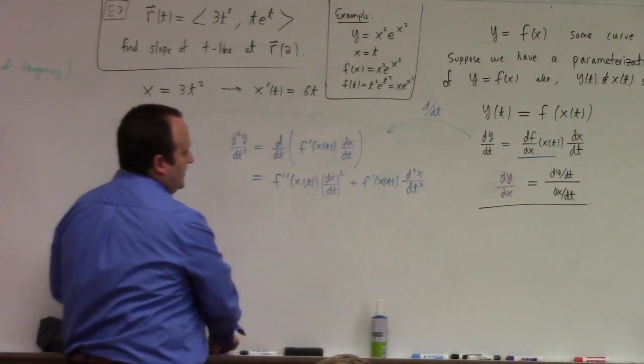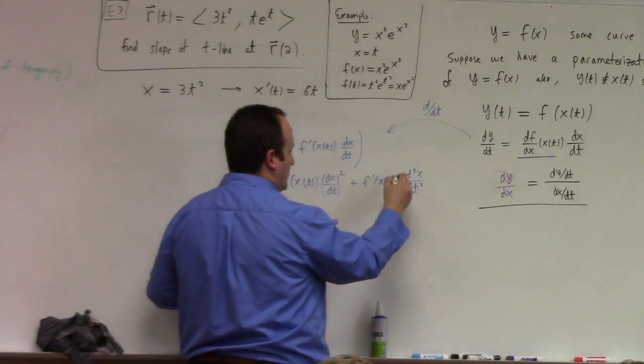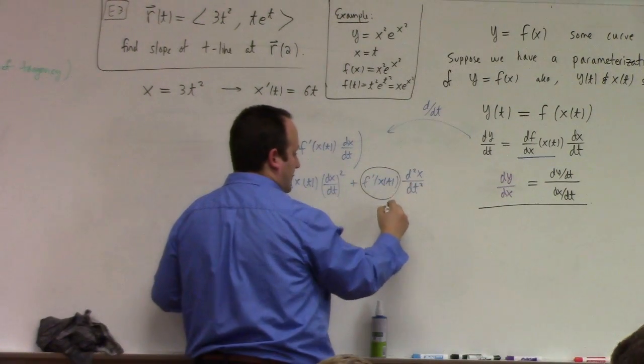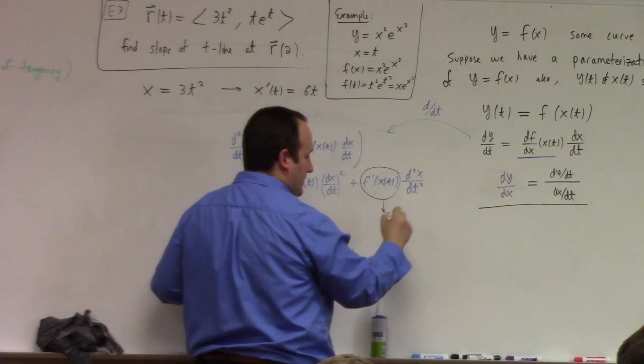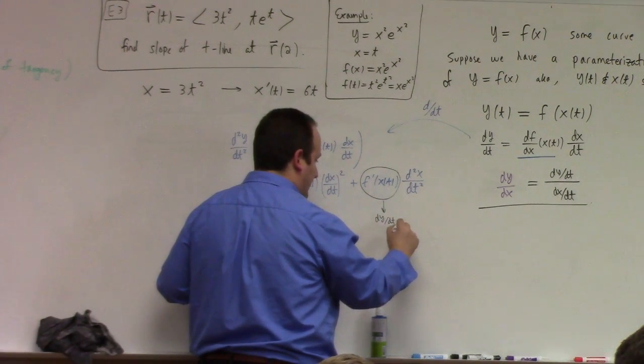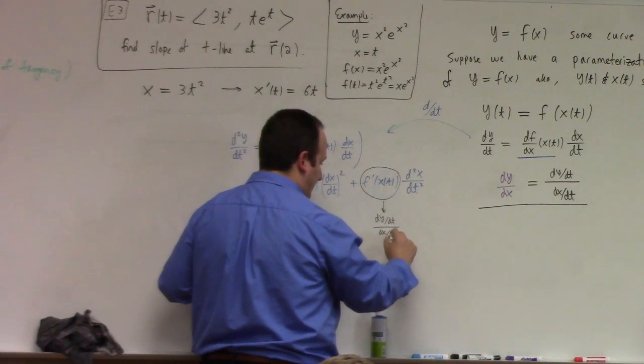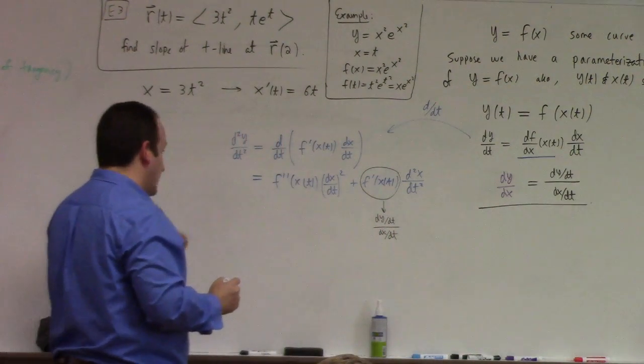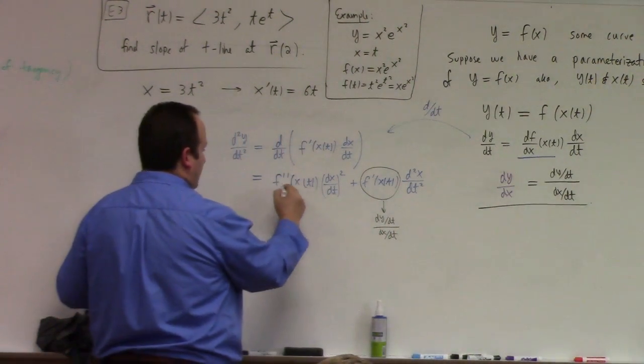But the thing is, you can trade this piece right here. We already learned in our last calculation that that's really dy dt over dx dt, right? And so this is what we're after right here.